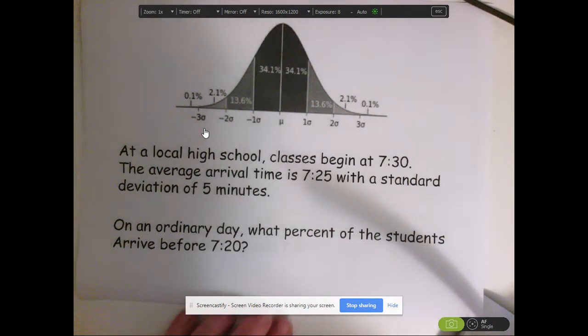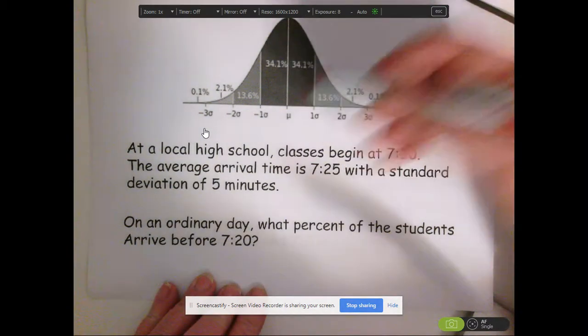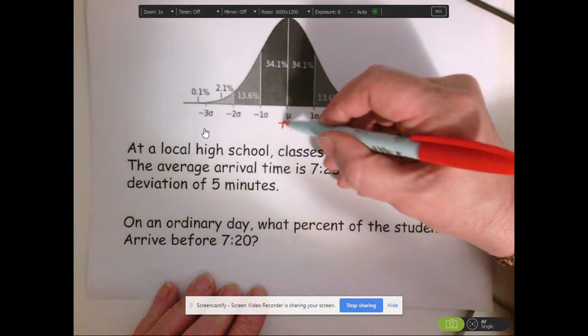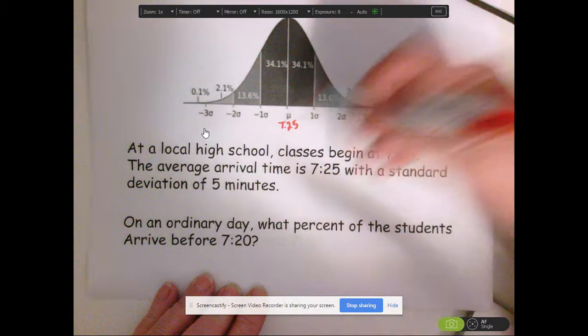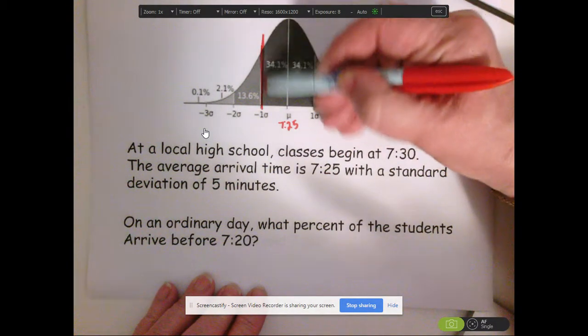Same data at a local high school. Class begins at 7:30. The arrival time is 7:25 with a standard deviation of 5 minutes. On an ordinary day, what percent of the students arrive before 7:20? Well, if you remember, our mean is 7:25. Each standard deviation is 5 minutes. So this here would be 7:20.